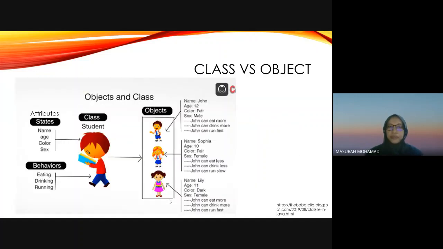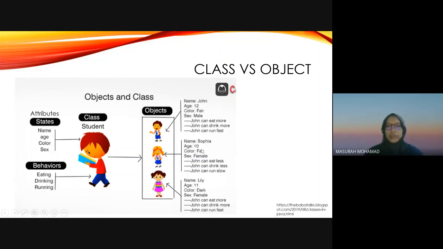Okay, so let's look at another example, the difference between class and object. In this case, we have student assigned as a class. Student has its attributes and also behaviors, and then the object actually is the detail of the student.